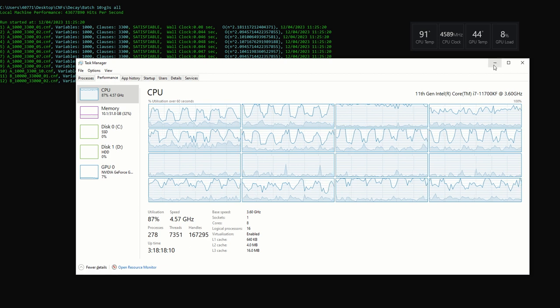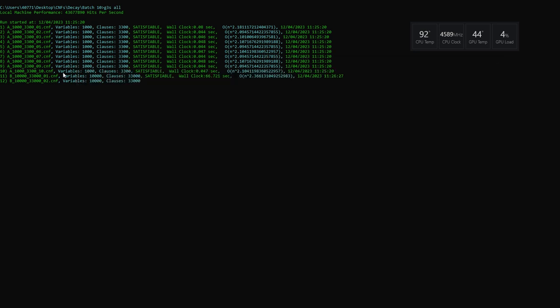As you can see, it is fully loaded as we speak. The first of batch B has been solved with 10,000 variables in order of complexity of n, so 10,000 to the 2.36.